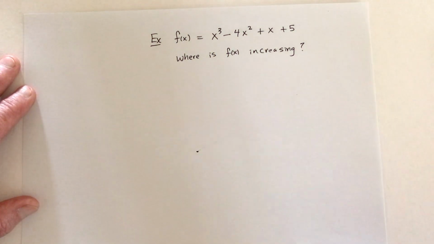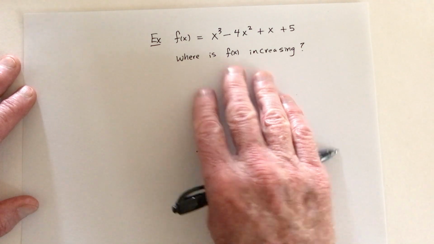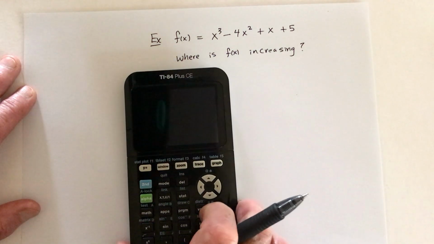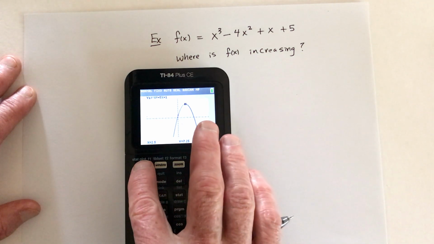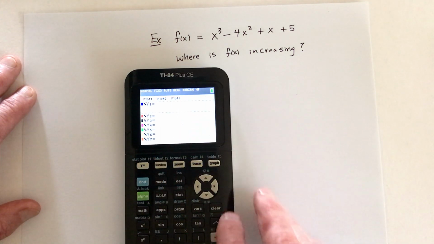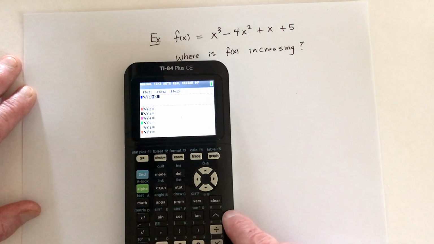And in about 2 weeks, we can use calculus to do this. Right now, we're using the calculator. So let me go to y equals and clear out the old problem, and then x, and remember that this little up arrow right here is for exponents, so raise it to the third power.